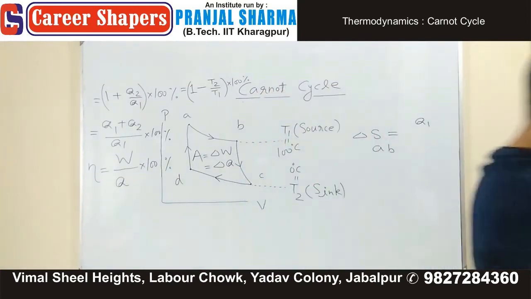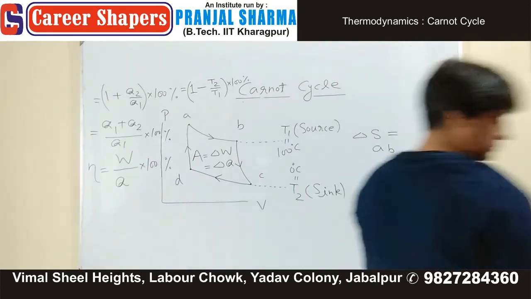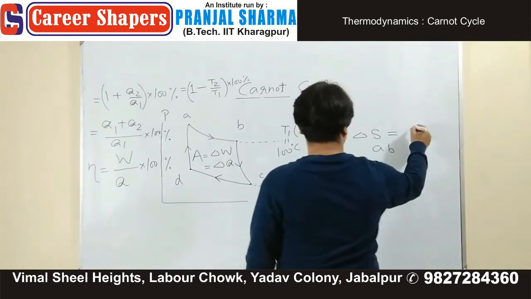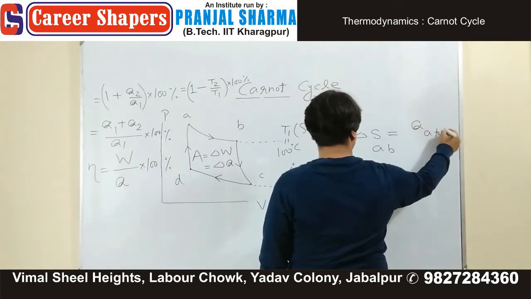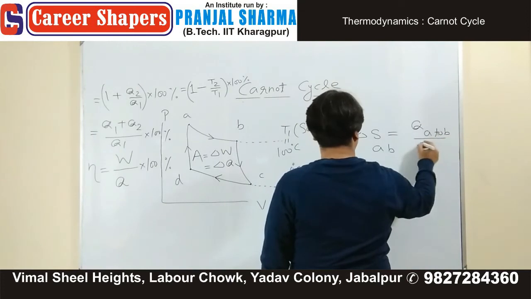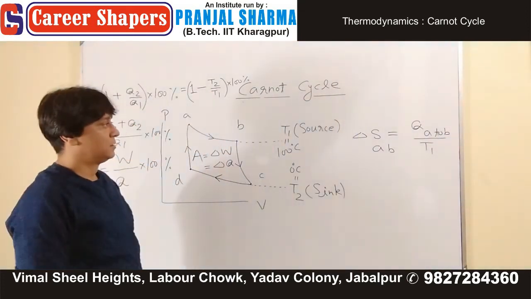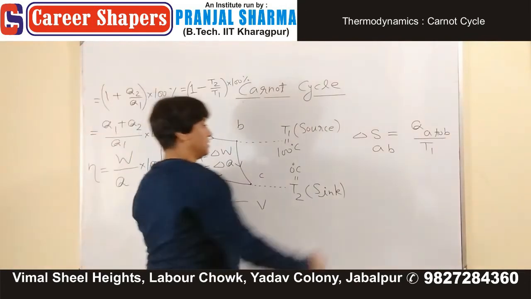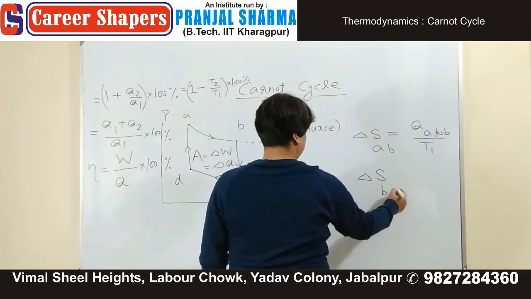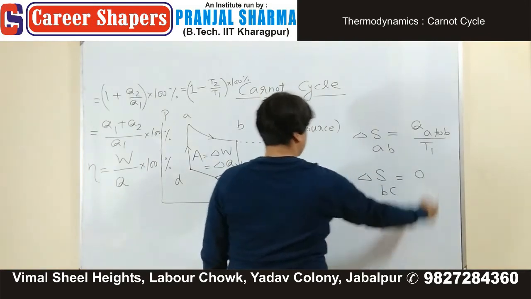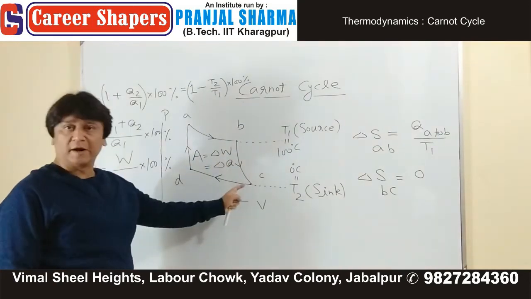Or let's write it in this form: Q A to B divided by T1. Delta S from B to C is 0. It's an adiabatic component.